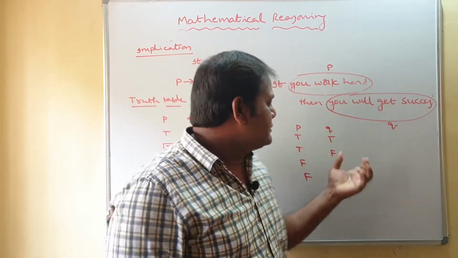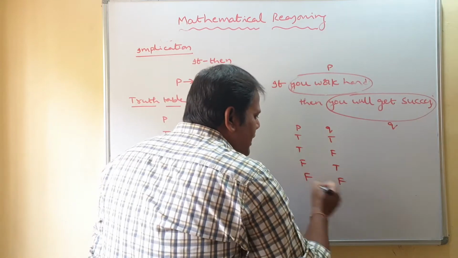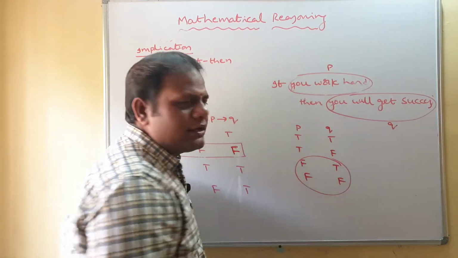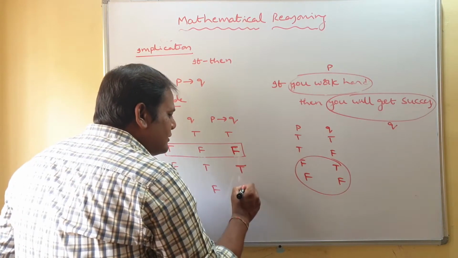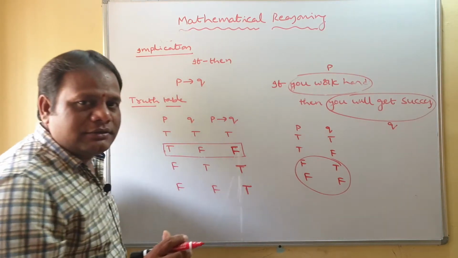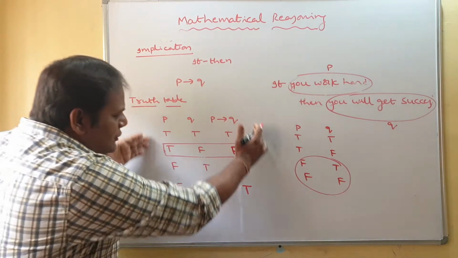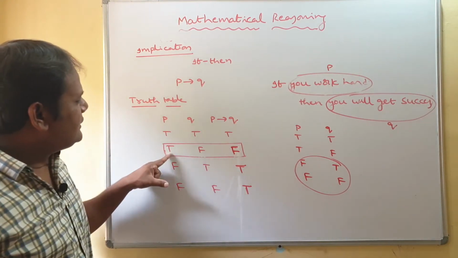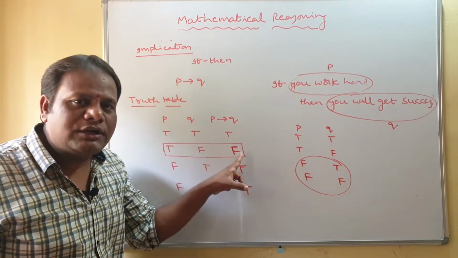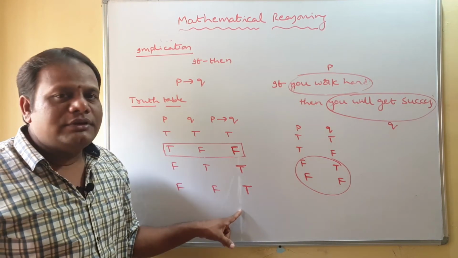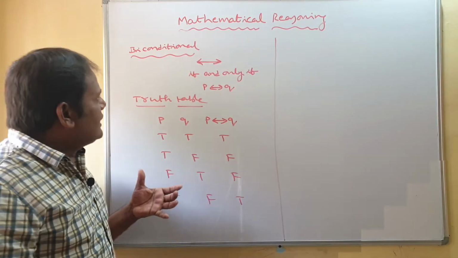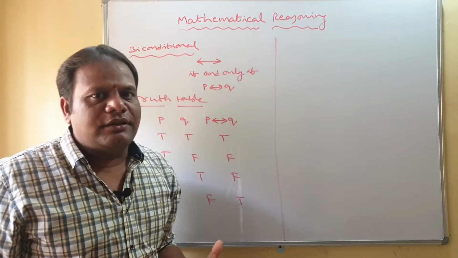So is it possible or not? Yes, these two are possible. That is the reason here we are taking T and T. So my dear students, coming to this, you remember TF is F. Remaining all the cases, it is true.